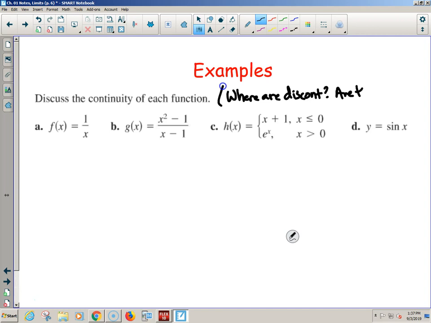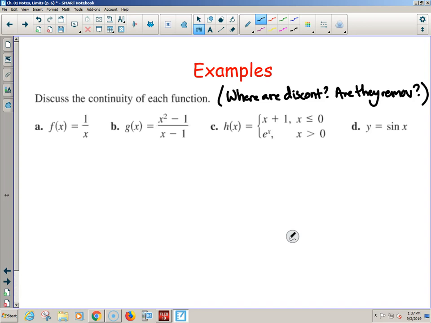Are they removable? So I'm kind of helping you with the discuss continuity section, and I'm helping you with, okay, if it's not continuous, where is it discontinuous, and are they, might be more than one, removable in that.